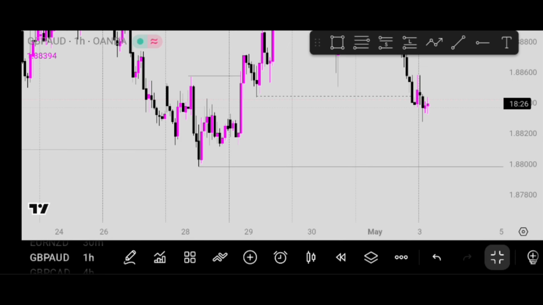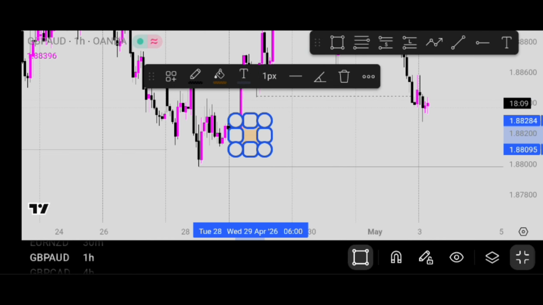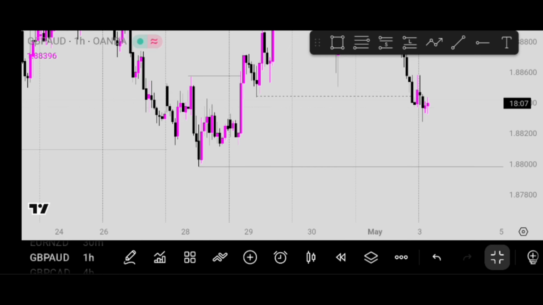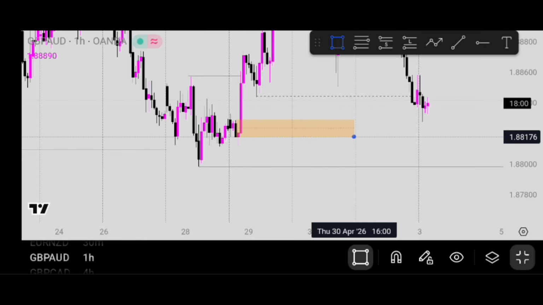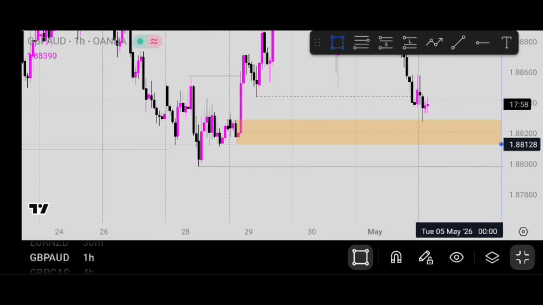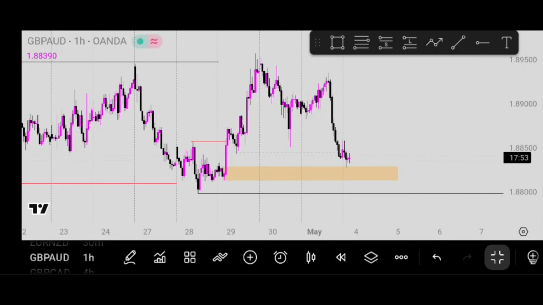So in this case, after the liquidity, we are having this as our point of interest, this order block, which we see that price even has already tapped in.